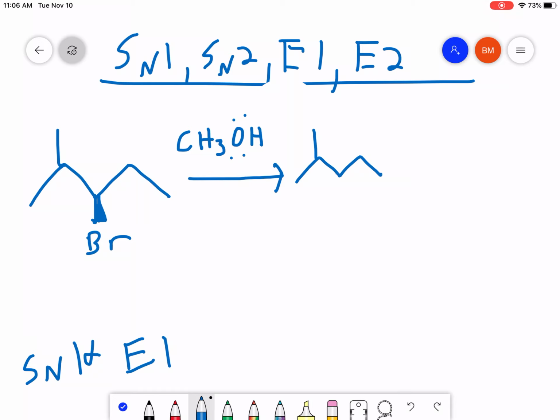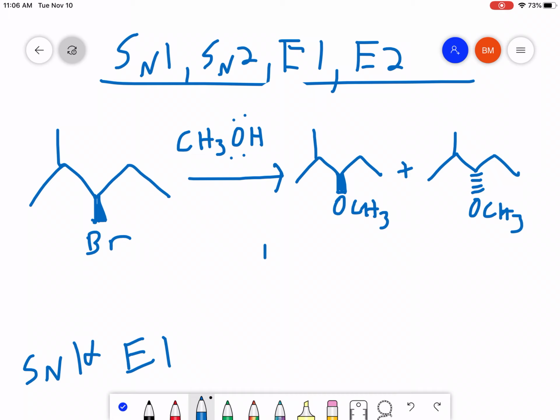And there's going to be a couple of them. Remember, since we're attacking a stereogenic center, we get a racemic mix. All right, so those are going to be our substitution products.